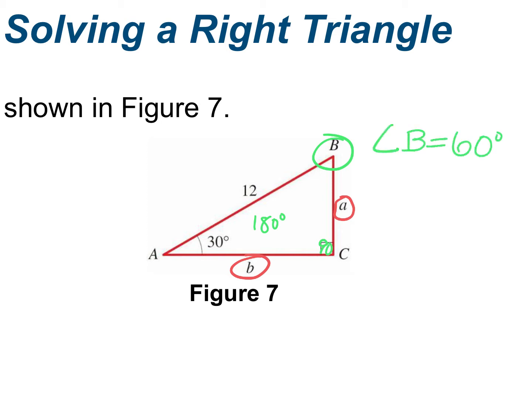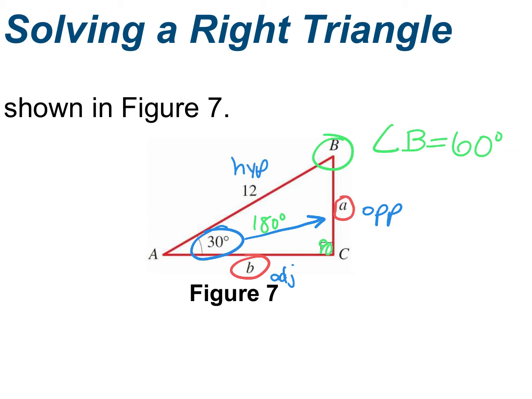Now, there are lots of different ways to find answers to these questions. We know our trig functions, and we have different angles, so you can look at different trig functions. But I was given 30 degrees. In regards to 30, what is A? Is it the opposite, the adjacent, or the hypotenuse? A is the opposite side, B is the adjacent, and 12 is my hypotenuse.